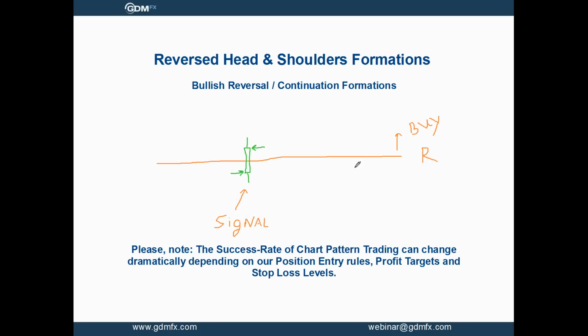And if we see that in one of the next one or two candles the price is continuing even higher than the highest extreme of the signal candle, let's say 5, 10 pips higher, then we can say that we have a confirmed breach.